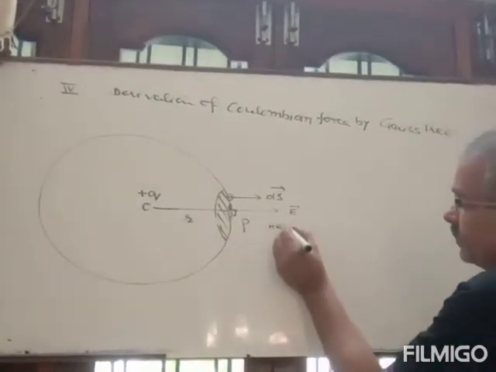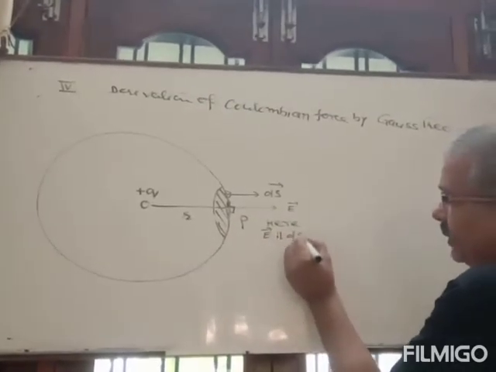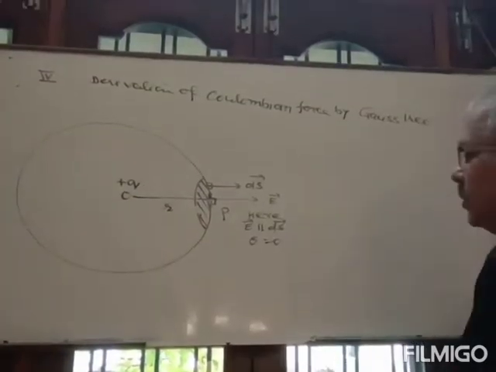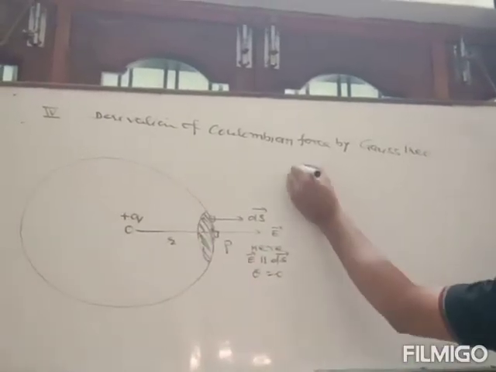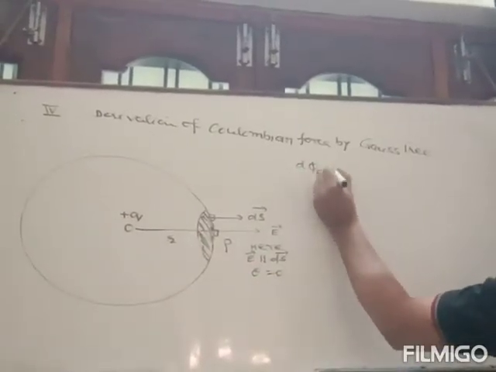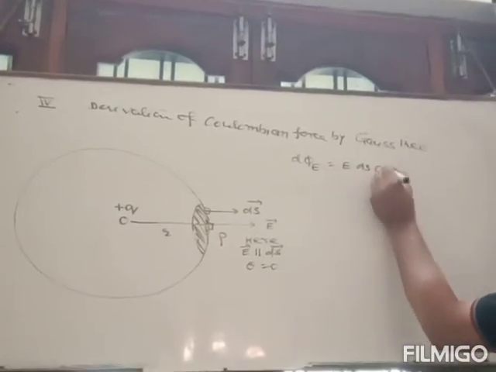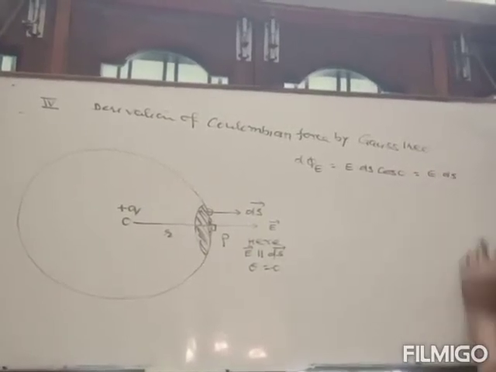Here E is parallel to ds, therefore theta is equal to 0. So what is the value of flux that is linked with this small segment? It is d phi E is equal to E ds cos 0, that is E ds.